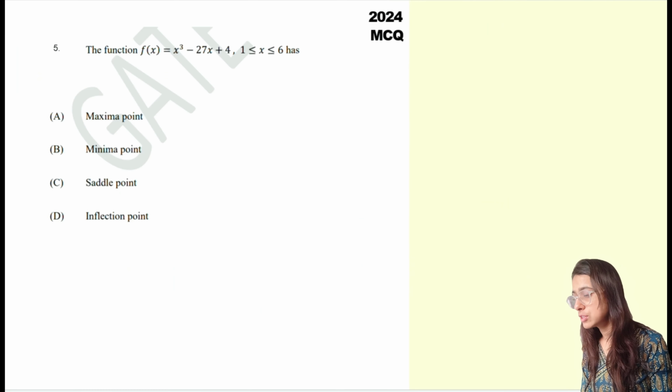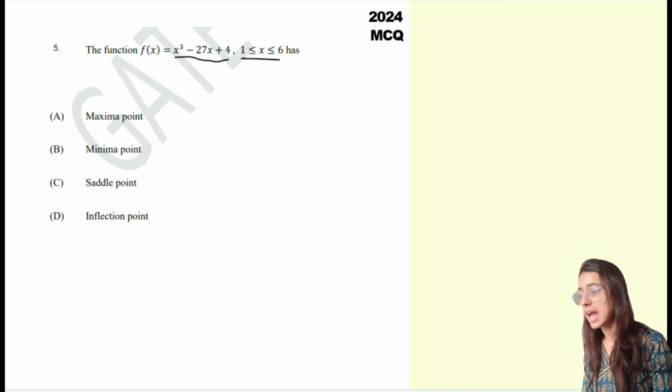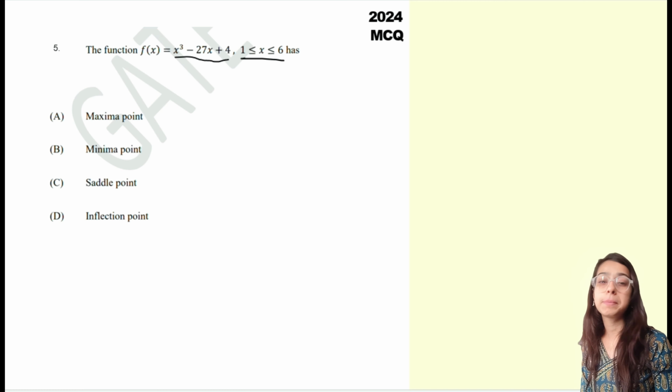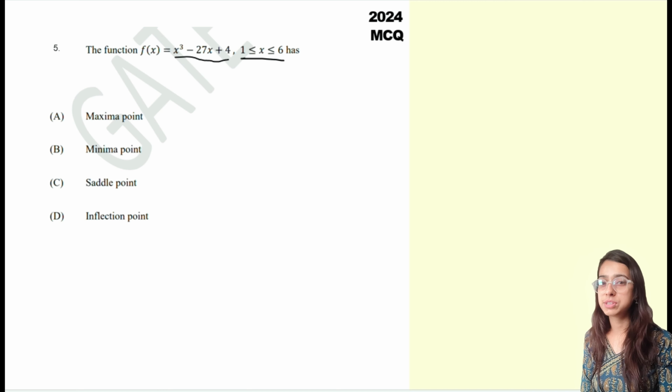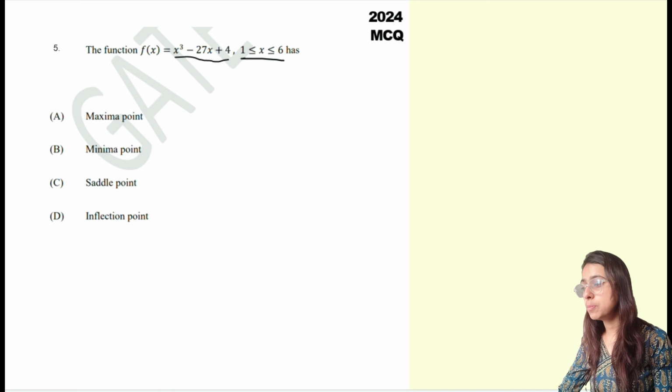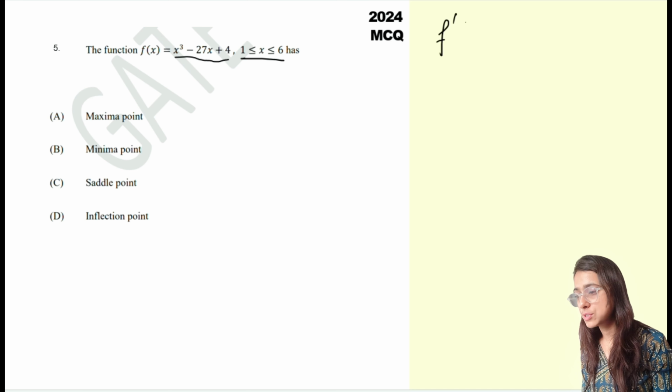Function f of x is equals to x cube minus 27x plus 4 where x is from 1 to 6 has. So यहाँ पर भी we will use those same basics that we used in the last question. So firstly we will find f dash of x, we will equate it to 0, then we will get some points, those points are called stationary points.